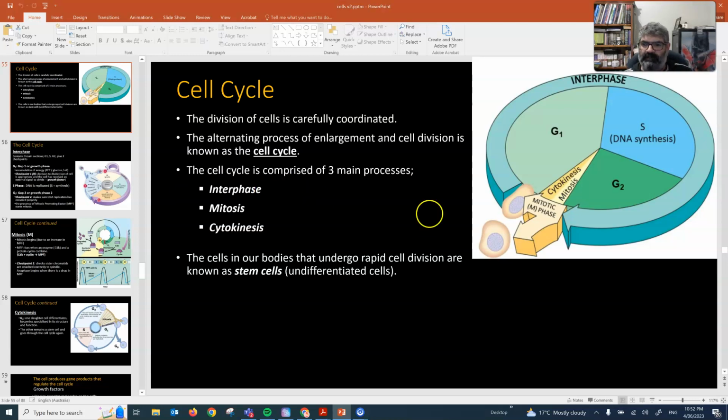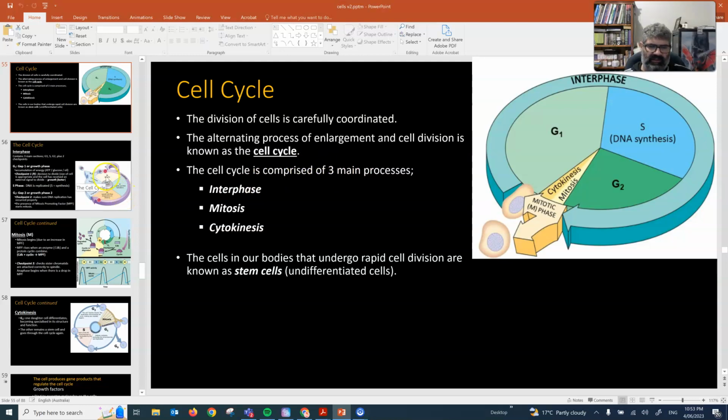But basically, the cell most of the time is in interphase, but when it needs to divide, it goes through mitosis. Most of the time it's just existing and doing all of its cellular functions, making proteins and using energy and all the good things that cells do.